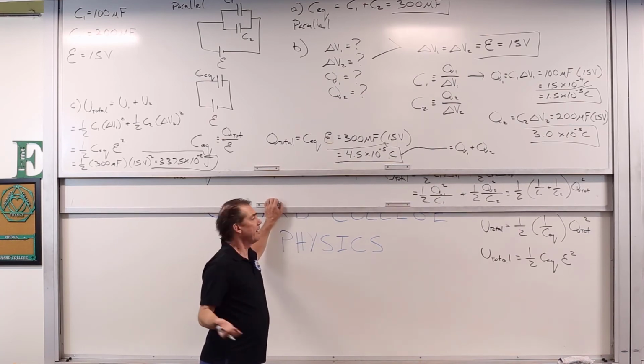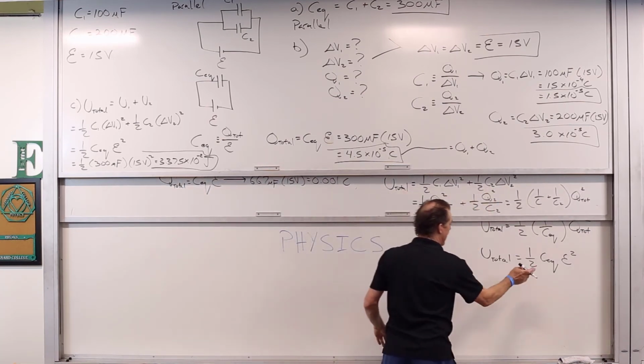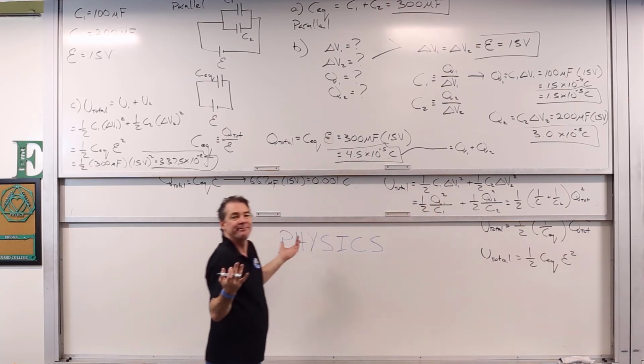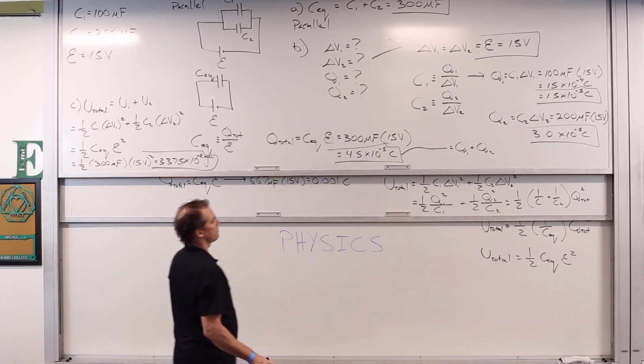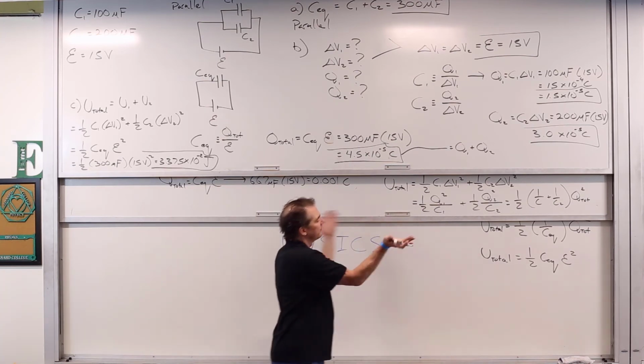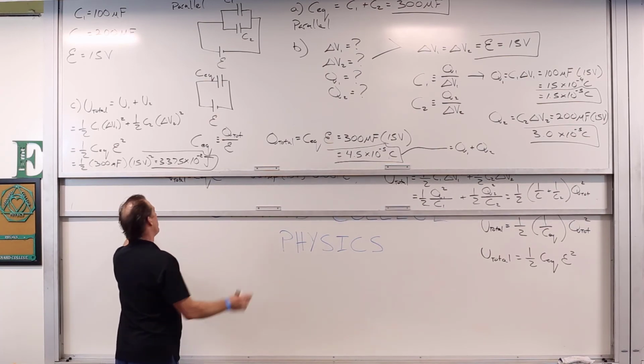The big point here is that this right here is the same as this right here. That's it. And that's what we said needed to be the case. Didn't show it for the parallel case, but showed it in this problem here. So in the end, what is the total energy stored?